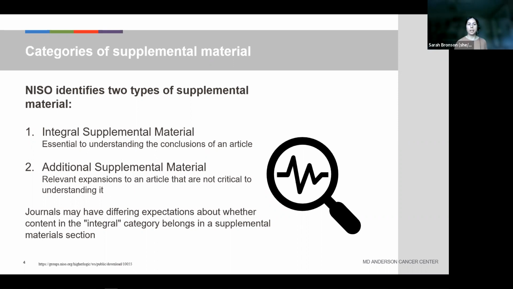Some journals may conceive of their supplemental section as entirely consisting of the additional category, whereas others may embrace the blend of integral and additional. And if you want to make sure you're matching what is expected, then often journal instructions will clarify that. And if you're not sure, and if they don't, you can also look, of course, at what has been published and mirror those practices.